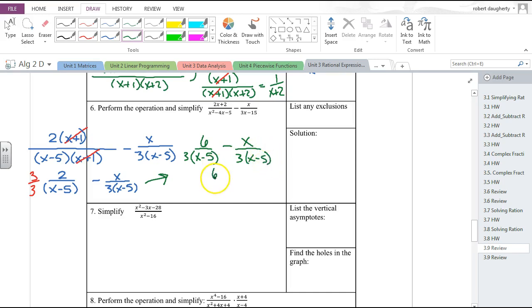So this turns into 6 minus x over 3 times x minus 5. So what are the exclusions? X cannot be equal to 5 or negative 1. And the final solution here was 6 minus x over 3, x minus 5.